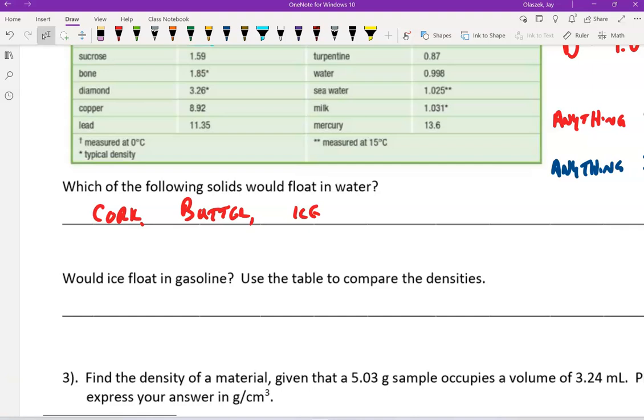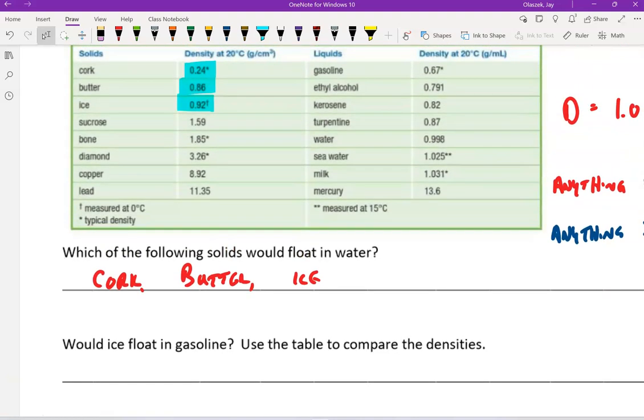This next question is asking, would ice float in gasoline? And the way we answer that one is by comparing the densities. We know that ice has a density of 0.92, but gasoline has a density of 0.67. So for something to float in something else, its density has to be less.